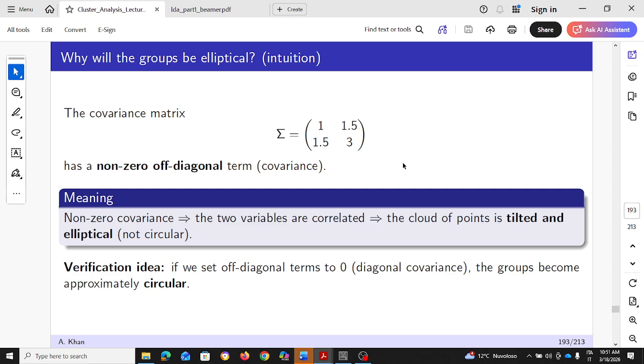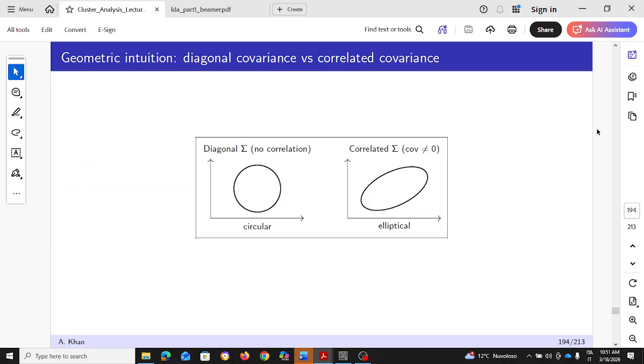So before going into the code, we have this idea: if the covariance is equal to 0, we have this shape, and if the points are correlated, we are now in this scenario.